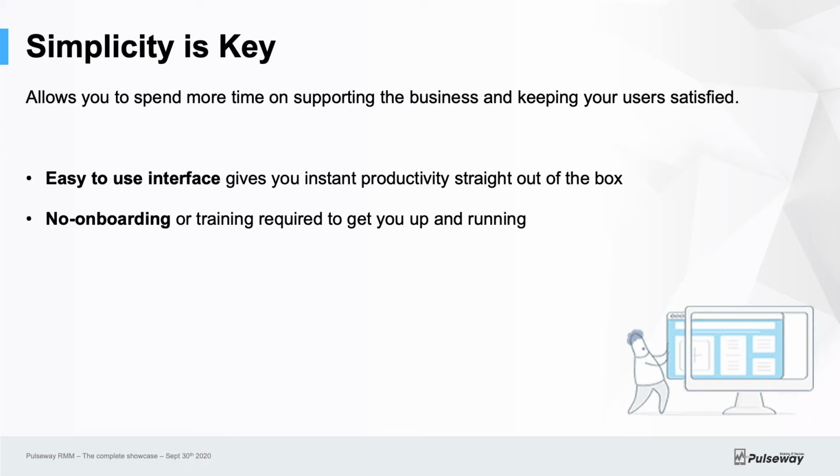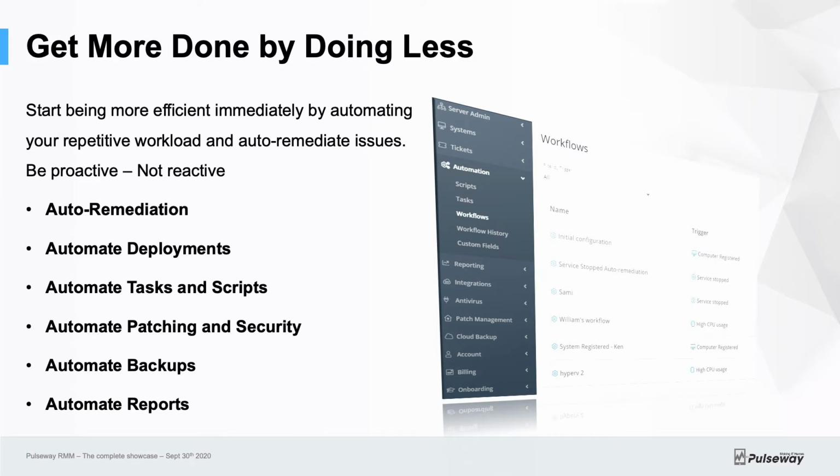We do try to keep things simple. And one of the ways we keep it simple is, as we like to say, get more done by doing less. We have placed a big emphasis on automating, in two areas. One is things that are repetitive, take valuable time, and get in the way of doing really high value, long-term strategic work.